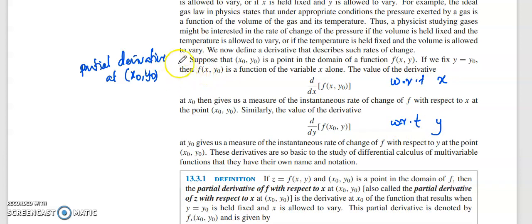Okay, so this is how we define the partial derivative with respect to x and with respect to y. So suppose that x0, y0 is a point in the domain of the function f of xy. So take a point x0, y0.